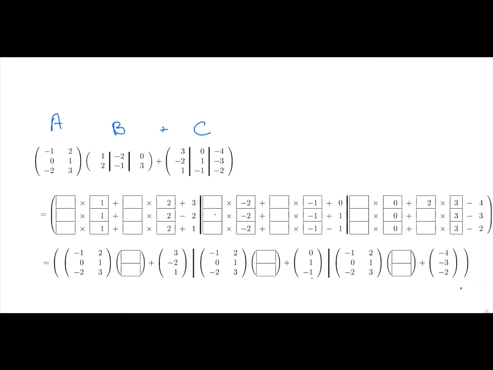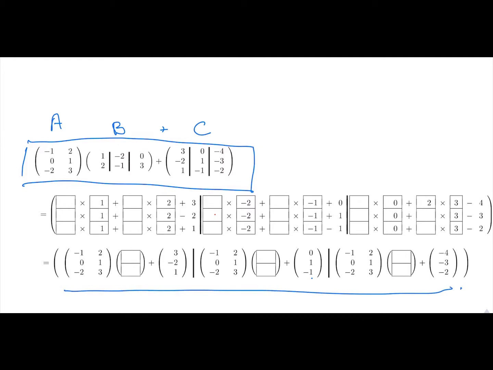So the fact is, I would much rather have you start with this right here. Recognize that you need to do matrix A times the first column added to the first column of C. So in other words, go from here to here and fill this out. And then have that dictate this right here.